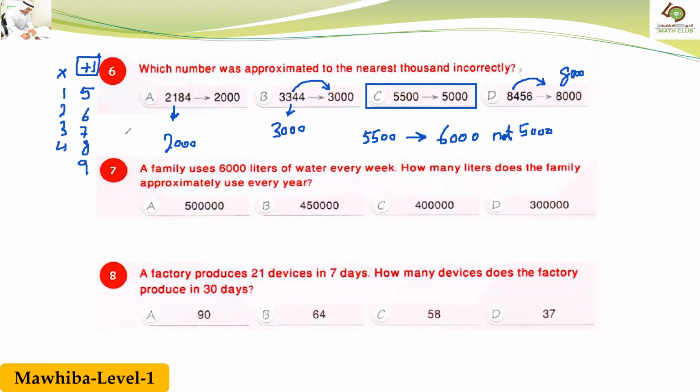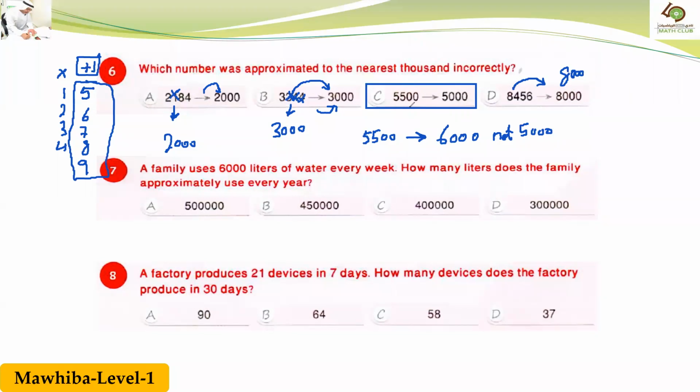I took it in grade 3. With the approximation, when you delete 1, you don't add, so you put 2,000. When you delete 3 and 4, it will be the same approximation, 3,000.